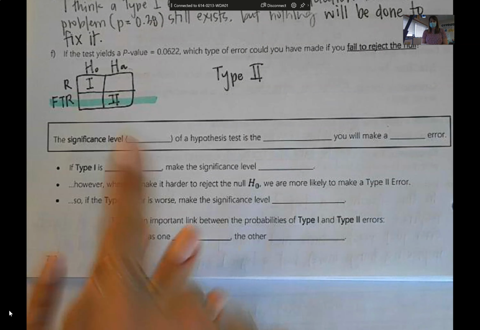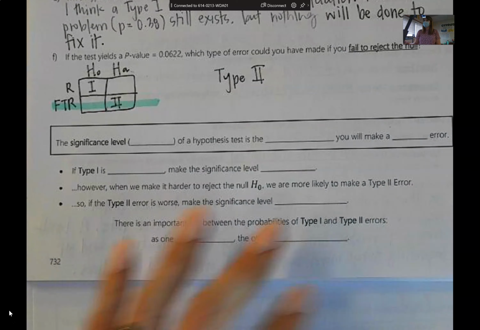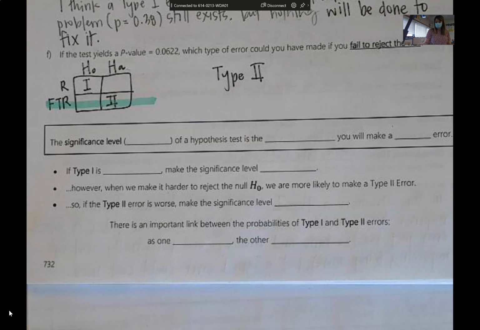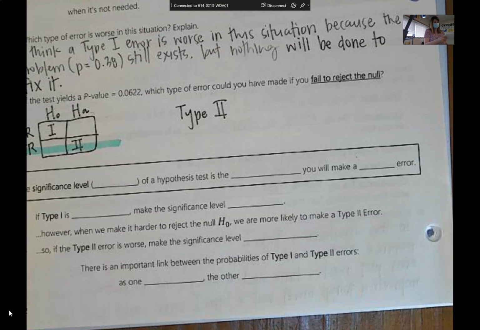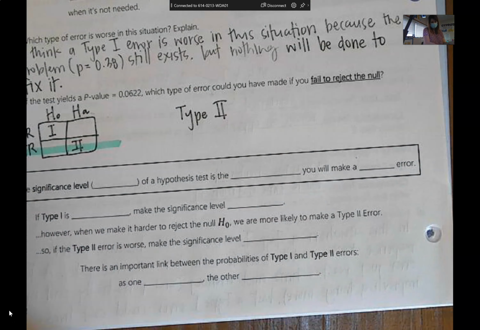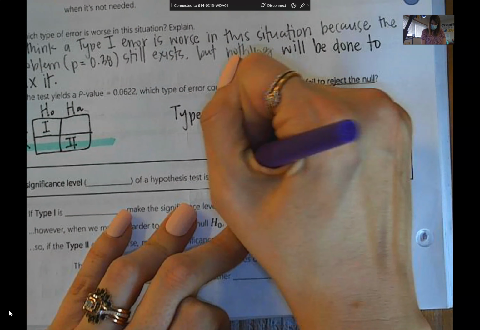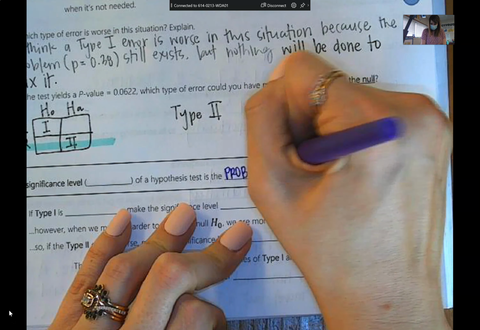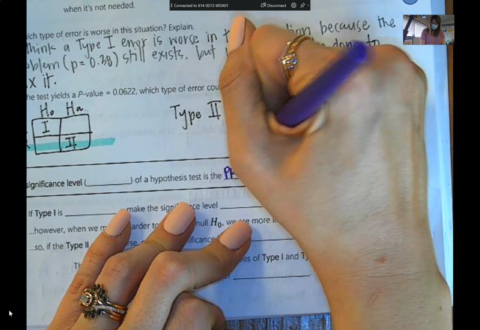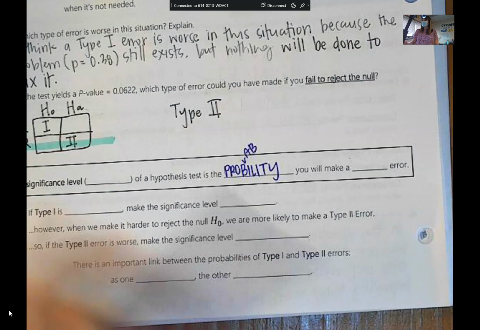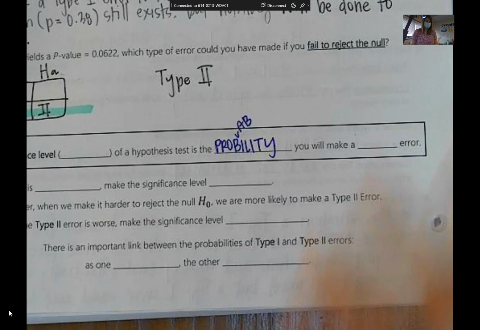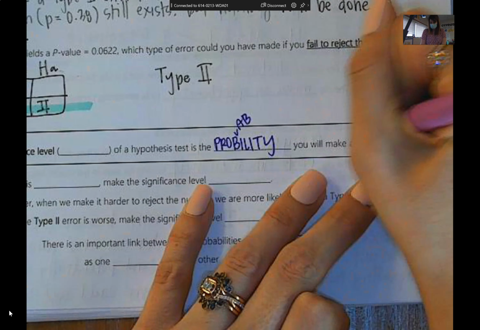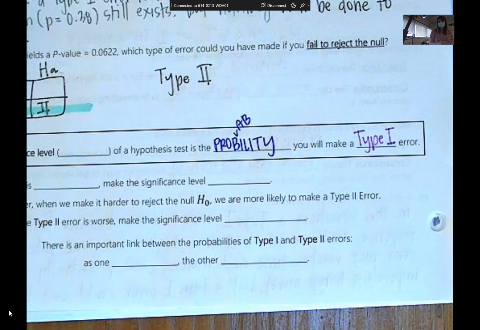The significance level of a hypothesis test is the probability that you will make a type 1 error.